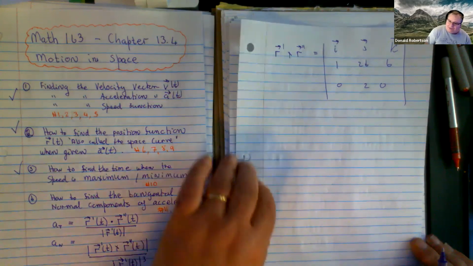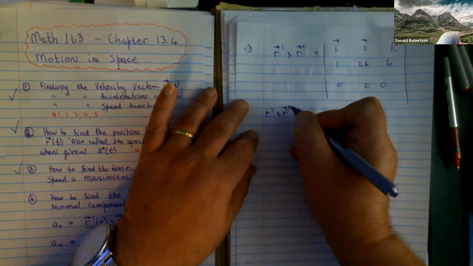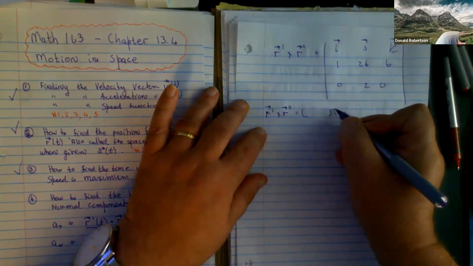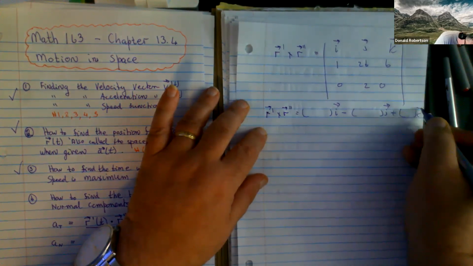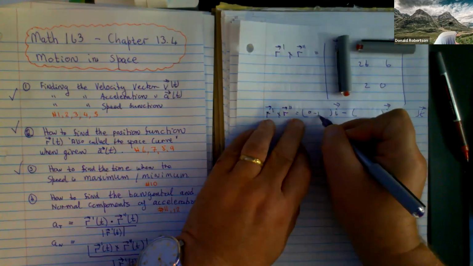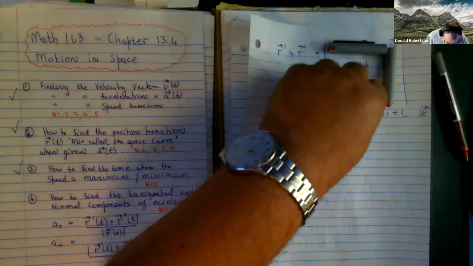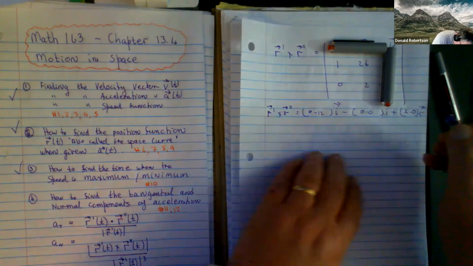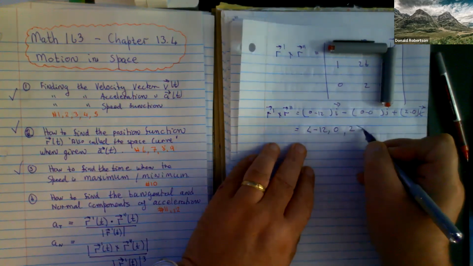So the cross product is so many i's, take away so many j's, plus so many k's. If you cover up the i's, you get nothing, take away 12. The middle one, you get nothing, take away nothing. And the end one, you get 2, take away nothing. So you get -12, 0, and 2.